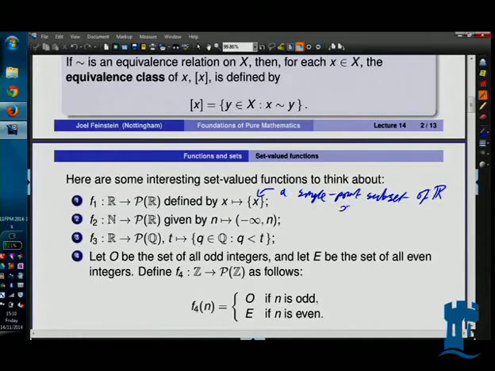Remember, x is not the same thing as the set which has just got x in it. Right? So x is a real number. This set which has just got x in it is a subset of the real numbers which has got one point in. So, for example, f1 of 3 is a set.